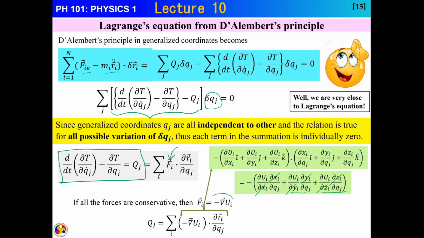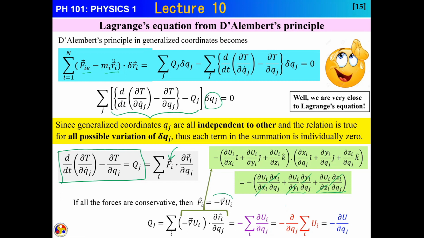So what is eventually turning up beautifully is minus summation of dou U by dou qj, where now i is only for Ui. So if I take it, that is the total potential energy as a function of the generalized coordinates.